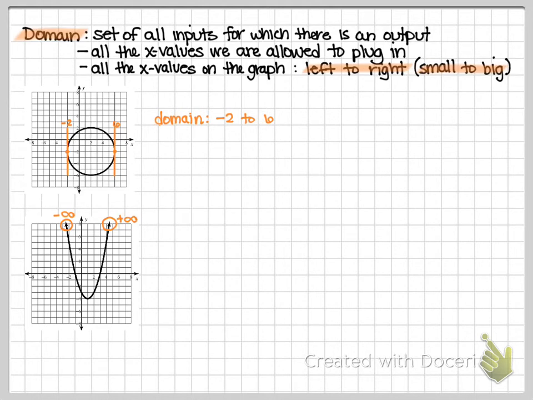That's positive infinity. So put a little note over here for ourselves. Negative infinity tells us that this is the smallest number we can imagine, whereas positive infinity is going to be the biggest number we can imagine.